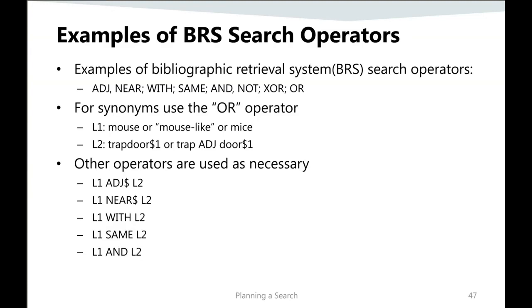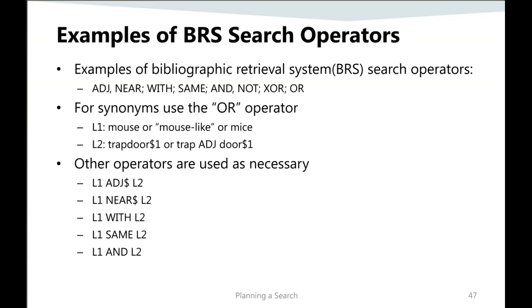Syntax is important when entering words and concepts into the search engine. The syntax shown on this slide is that of the BRS system used by the USPTO's search tool known as EAST. BRS allows the adjacent, near, with, and same proximity operators. BRS also provides the AND, NOT, exclusive OR, and OR Boolean operators.